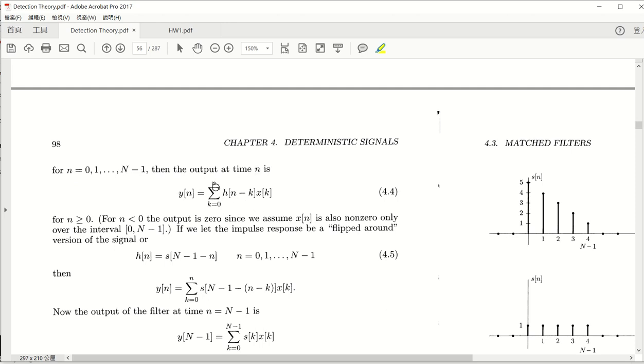This is just the output at time n for the convolution operation. Recall this. It's the output of the convolution.